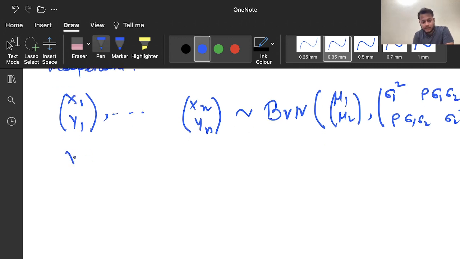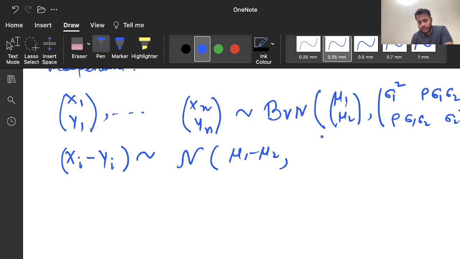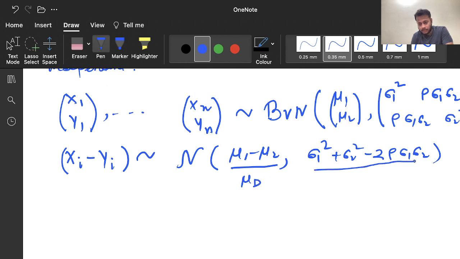And xi minus yi again will follow a univariate normal distribution with mean mu1 minus mu2 and variance sigma 1 square plus sigma 2 square minus 2 rho sigma 1 sigma 2. Suppose this is mu d, and this is sigma d.